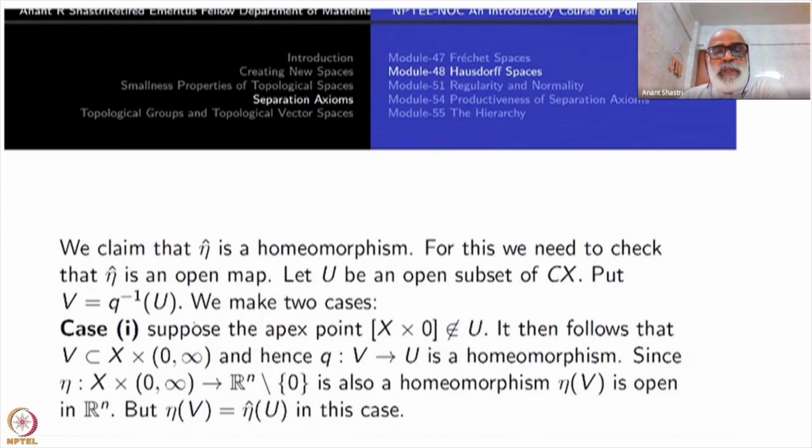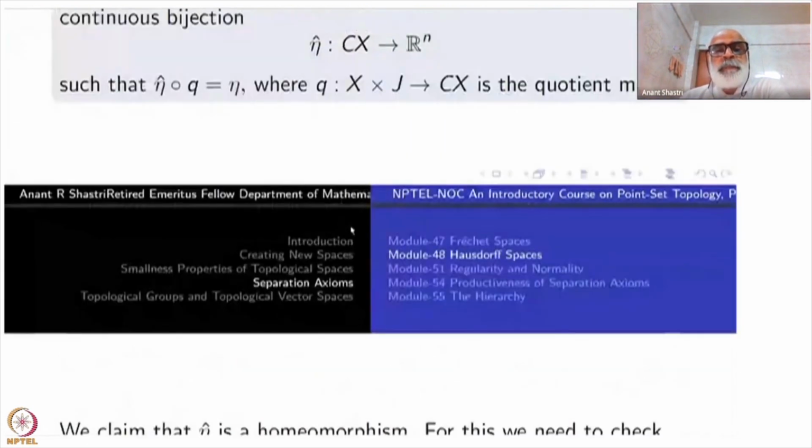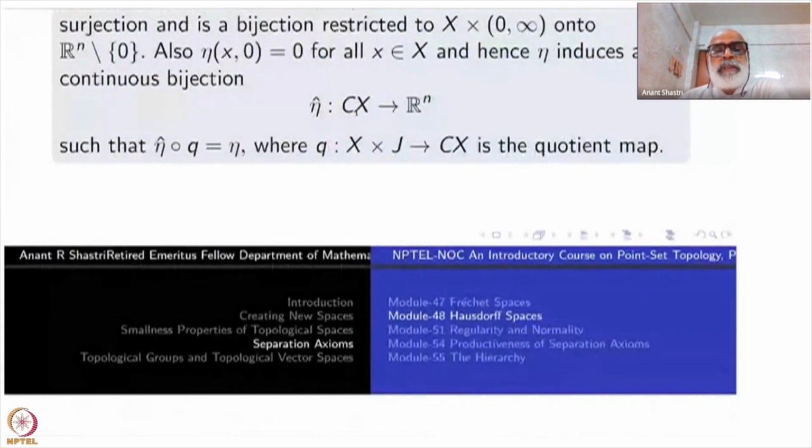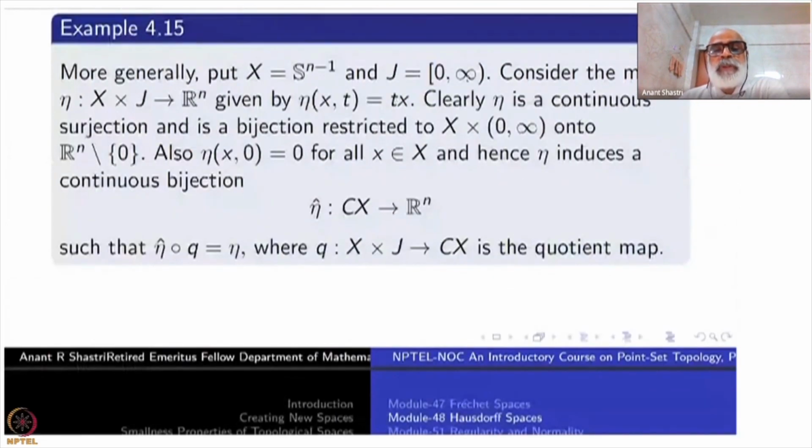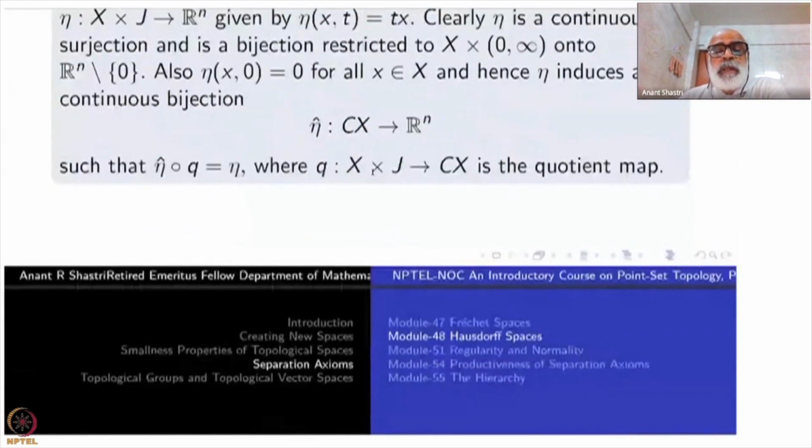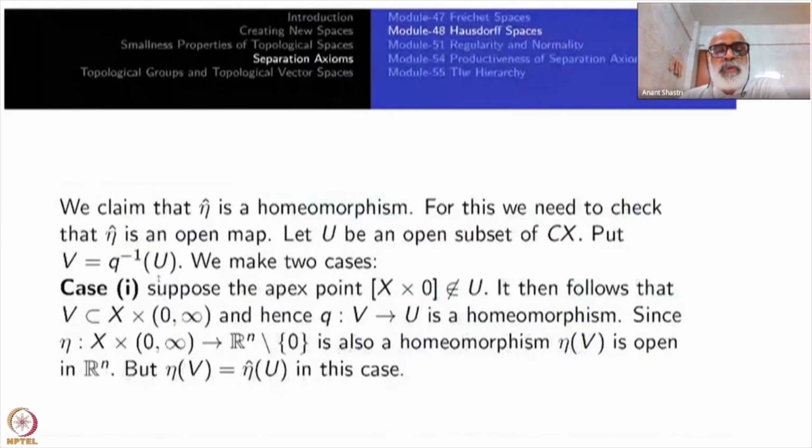Put V equal to Q inverse of U. I start with a subset here, but then I go to Q inverse of that, coming to x cross the closed interval [0, infinity). That is my V equal to Q inverse of U.